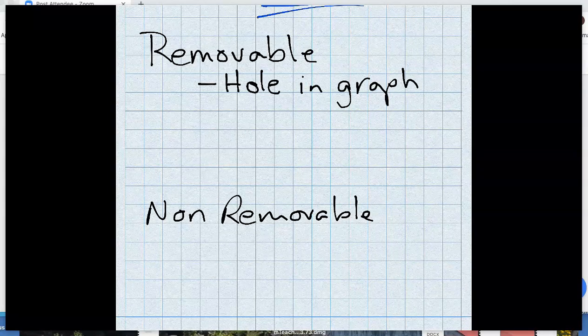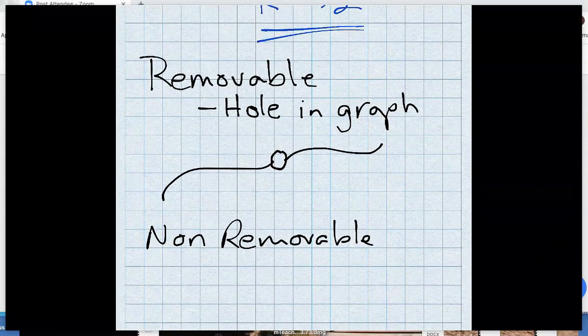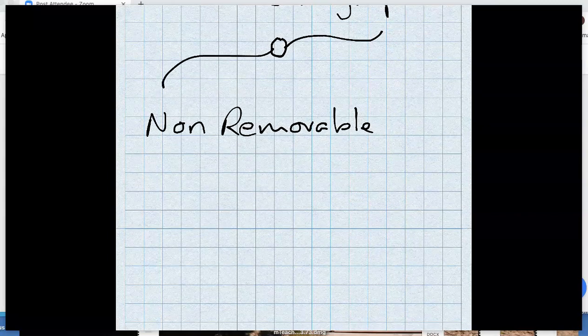That's the kind of graph that looks like this. That's removable discontinuity. Non-removable discontinuity is either going to be a jump or an asymptote.